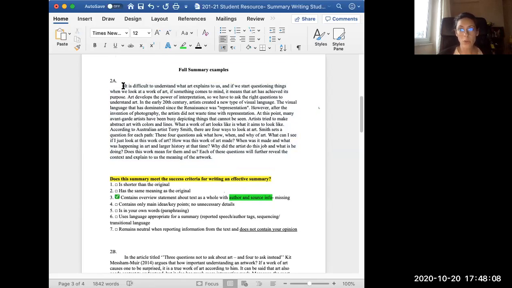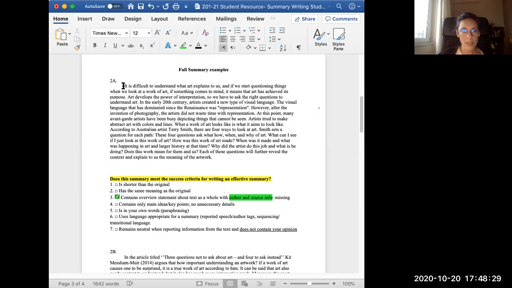First and foremost, we always have to start with the citation. What are you summarizing? Where are you getting these ideas from? Because then we can understand, oh, okay, we're reading a summary of somebody else's ideas or a paraphrase of somebody else's ideas. It's not the person who wrote this.